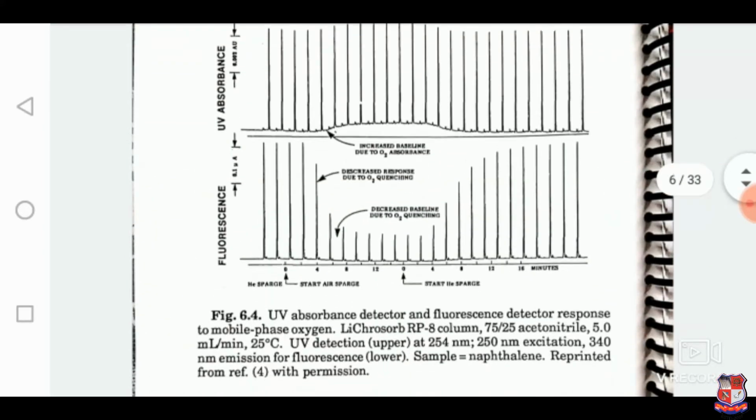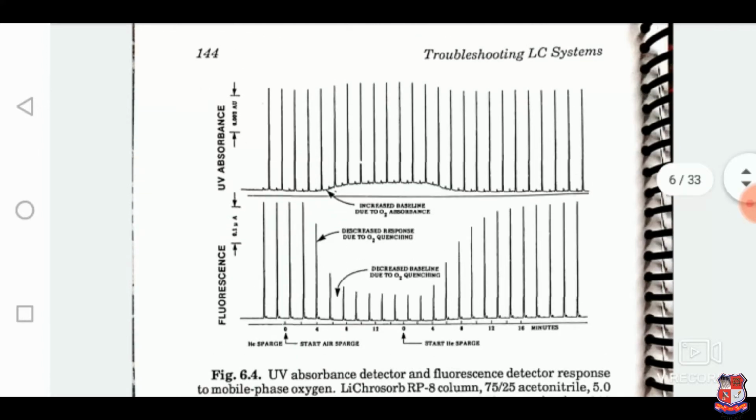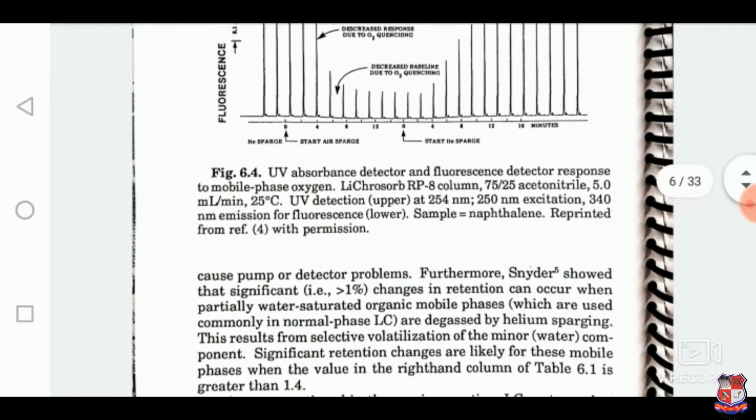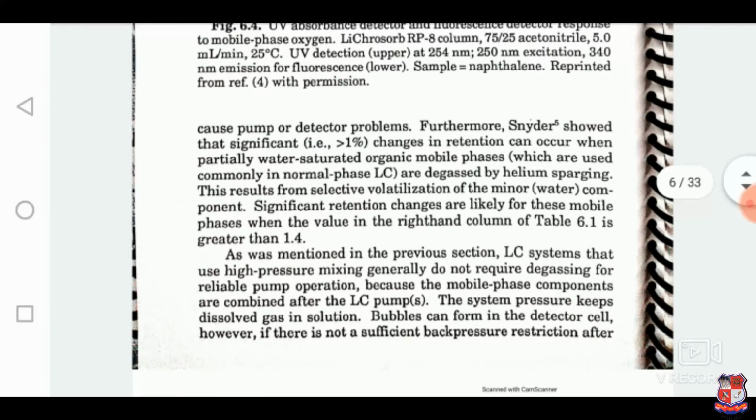Here is the influence of dissolved oxygen on detector response. UV and fluorescence detectors are used, with UV detection at 250 to 254 nanometers, and fluorescence with 250 nanometer excitation and 340 nanometer emission. Here an increased baseline is observed due to O2 absorbance in the UV detector, and a decreased baseline is observed in the fluorescence detector.